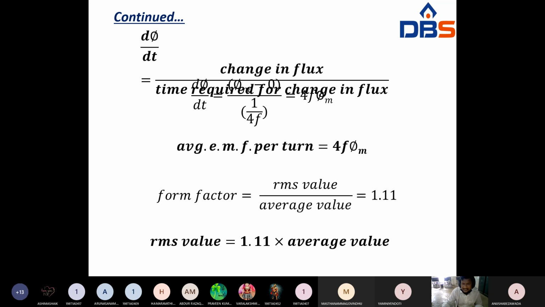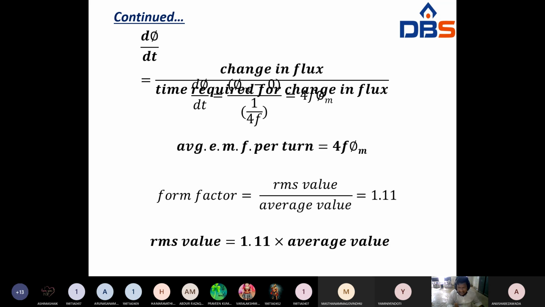So that is phi m minus 0 by 1 by 4f, that is 4 f phi m, that is the average EMF per turn, volts. This is the average voltage. Average voltage is nothing but DC value, not an AC value. But for our transformer, we require AC value.